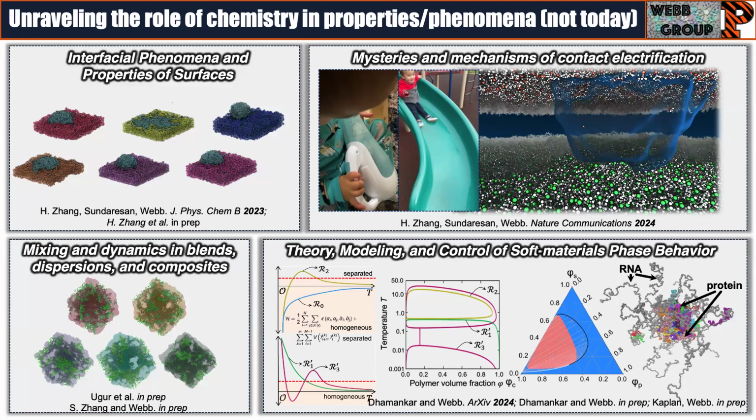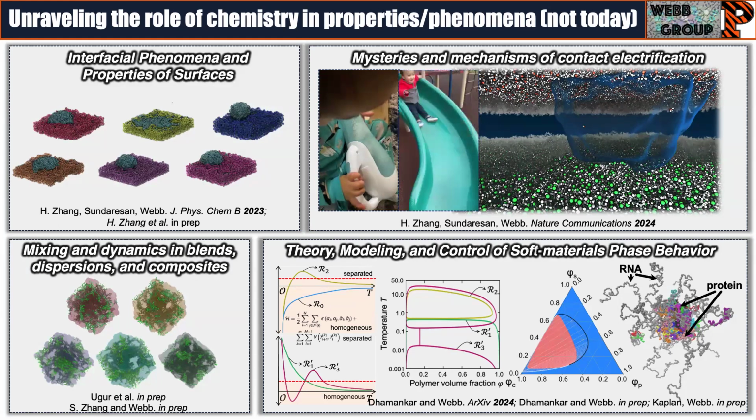In the composite space, dispersions, where you have mixed systems, that's going to influence the way in which they behave. And at the heart of all of this work, we're thinking about what the implications of chemistry are, right? And how we can use that to control or understand emergent phenomena or properties of those materials.